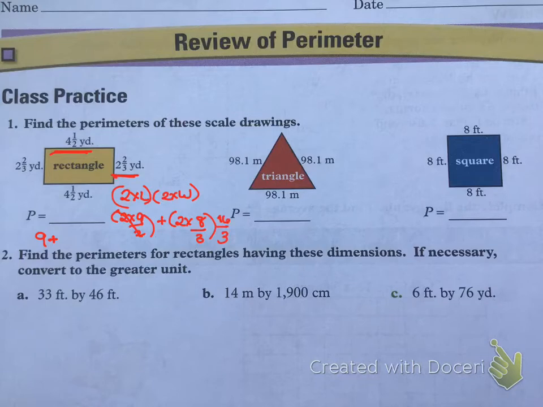If you want to, you could do 16/3 right there, and you can cancel: your 3 becomes a 1 and your 9 becomes a 3. And then you could just multiply 16 times 3, or you could have changed 16/3 to 5 1/3 and then added it like that. Either way, you're going to get the same answer.